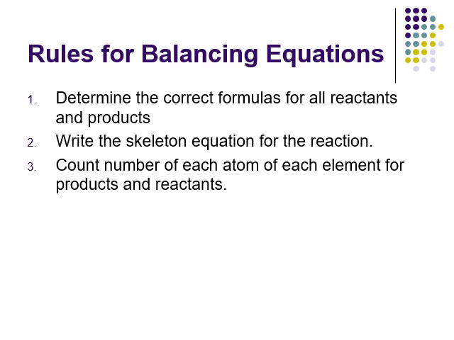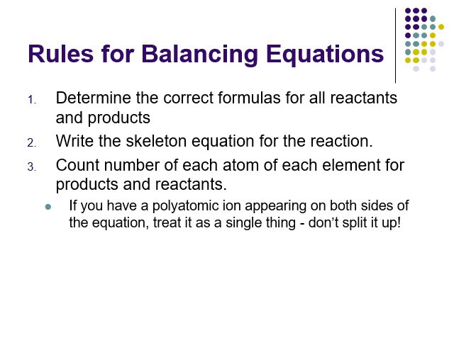And what I like to do is make a little table underneath the equation that says, okay, if it has sulfur, I write an S, and then I write how many sulfur atoms there are. If there's oxygen, I write an O, then I write down how many oxygen atoms there are. So you're going to count up the number of each atom of each element within your reactants, then mirror the element list on the products and tally up how many of each element you have there.